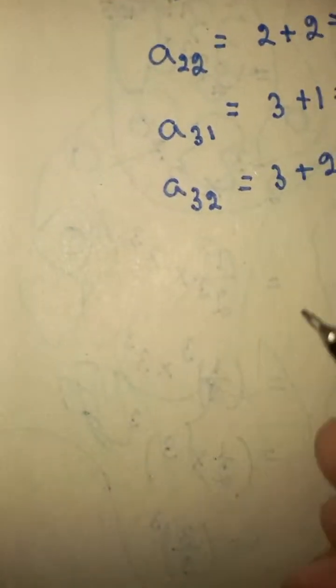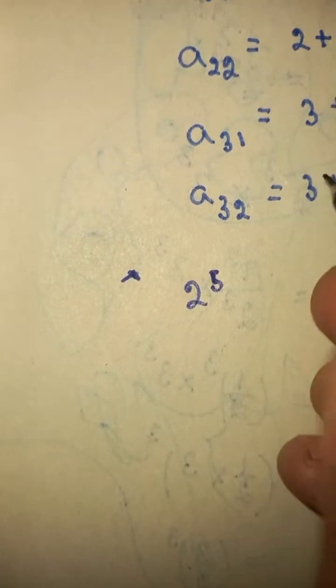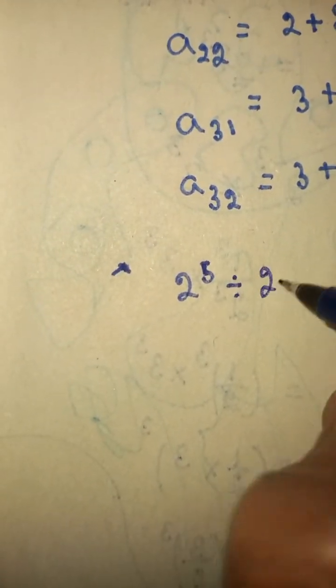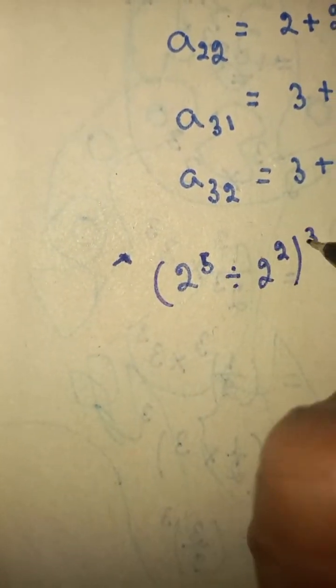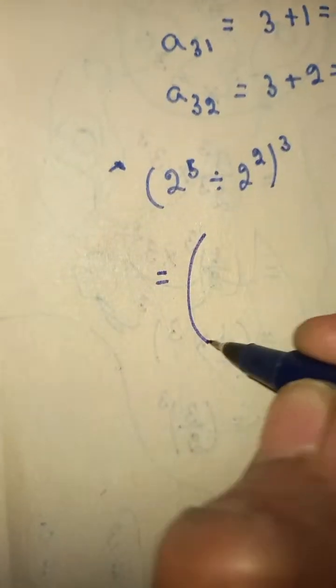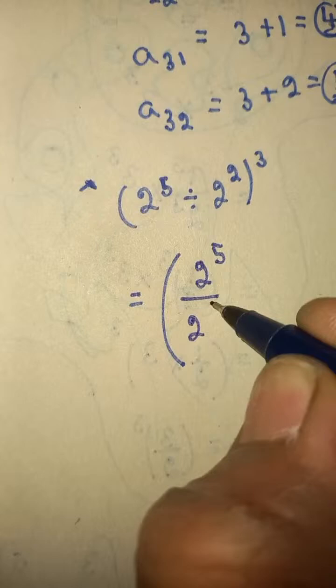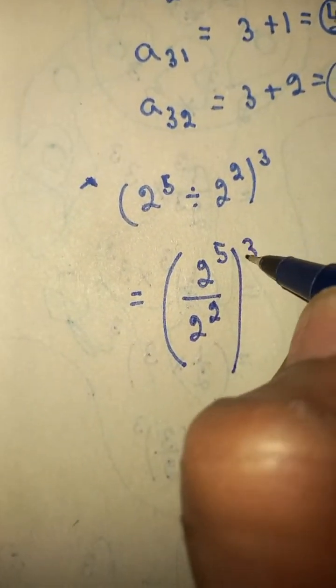Here they are giving 2 power of 5 divided by 2 square, and it is whole cube. Now go inside of the bracket. Inside of the bracket you can write this complete number like this, 2 power of 5 above and 2 square below, whole power of cube.